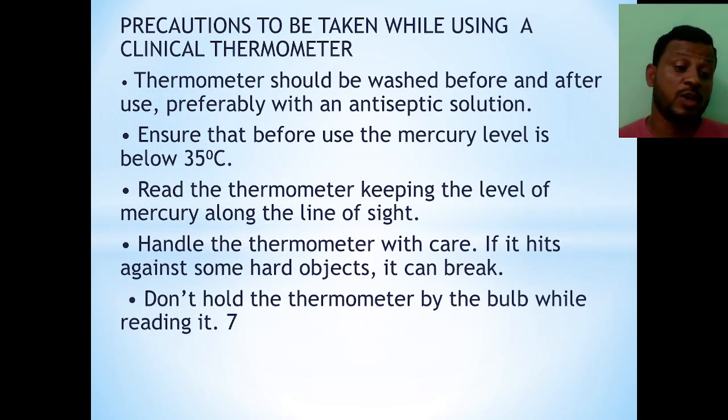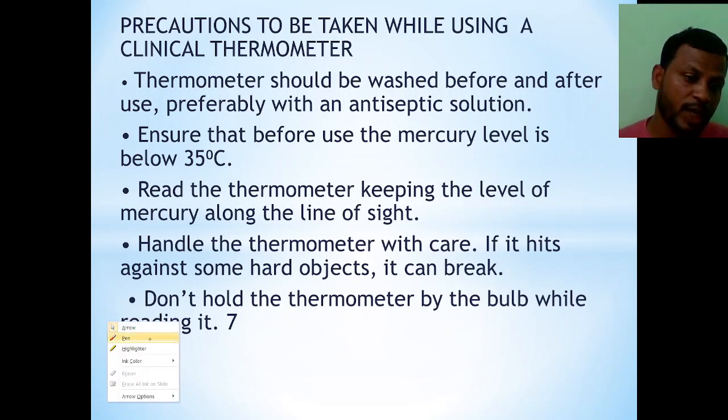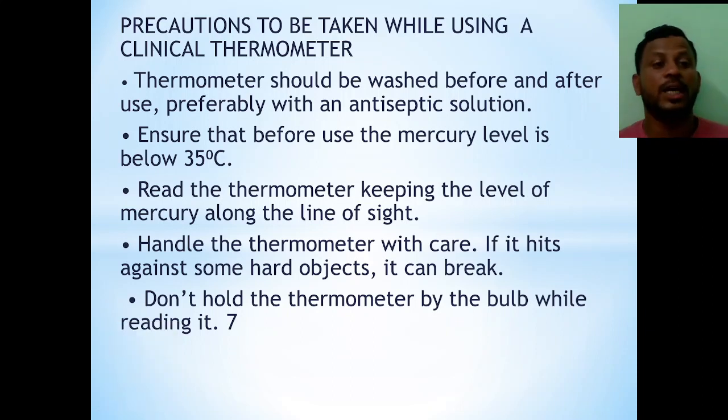Okay. Next, precautions. What precautions do we have to take before using the thermometer? The thermometer should be washed before using and after using, preferably with an antiseptic solution. We have to wash it every time.